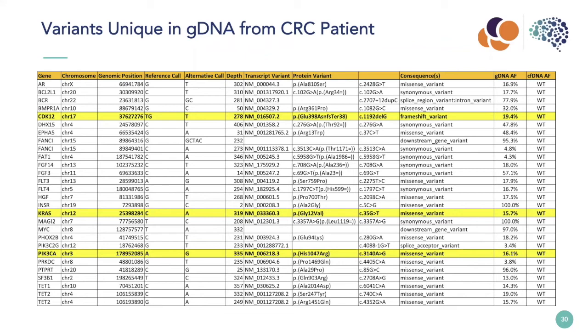So, in some cases, fairly significant allele frequencies that were just not detected in the cell-free portion. Still exploring and validating some of these, but this approximate magnitude of differences between the genomic DNA fraction and the cell-free fraction is fairly typical.